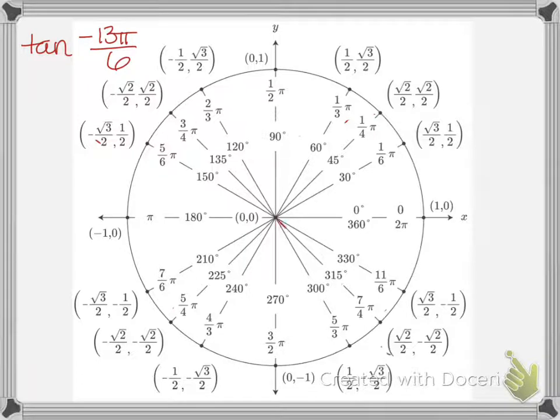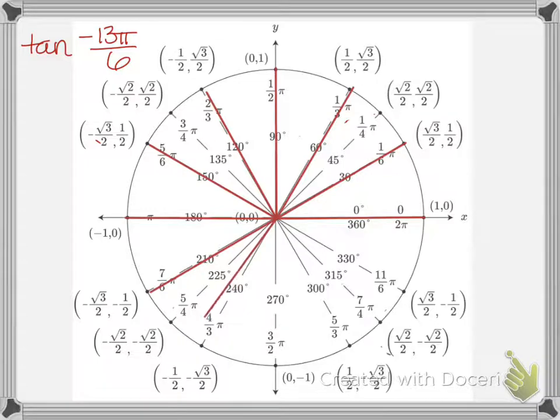Maybe it'll help. Okay. If we start at 0 and we go to pi over 6, that's 1. But I have to keep counting in that size. So let's count. That was 1. That was 2. That was 3, 4, 5, 6, 7, 8, 9, 10, 11, and then the last space is 12.